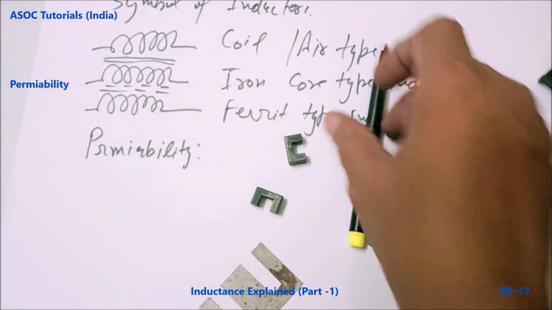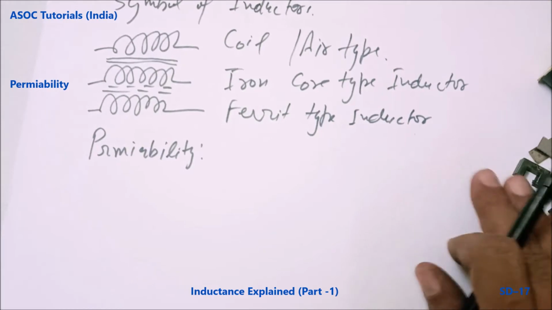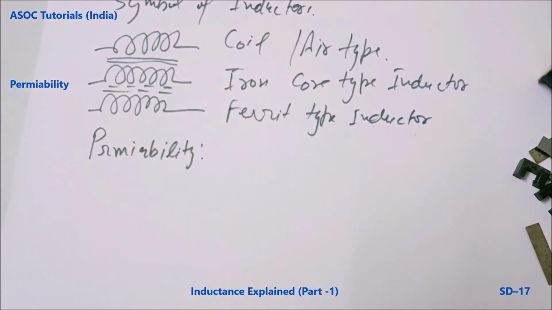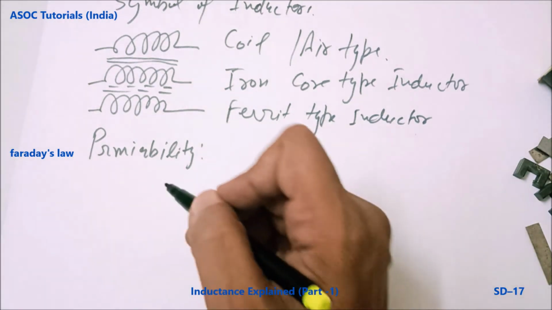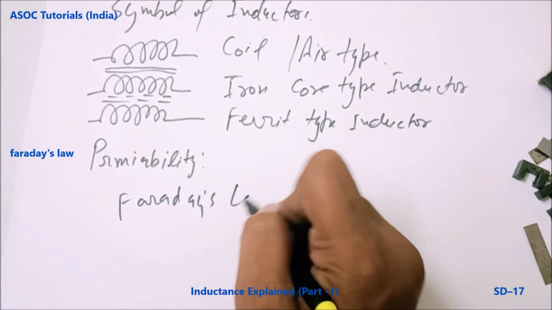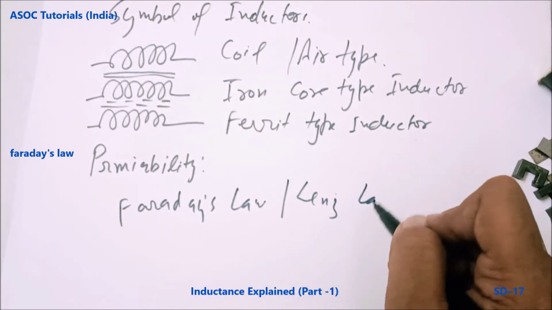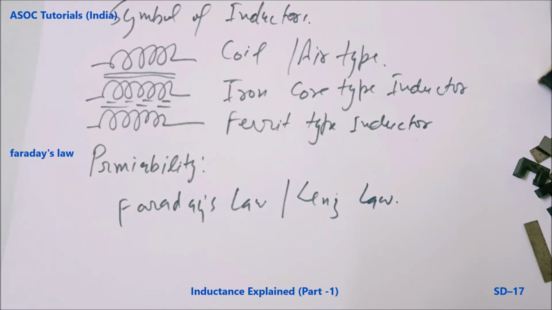In the same way, it is also very important to understand the electromagnetic induction law. What is this? Here you have to understand Faraday's law and also Lenz's law. They are very similar.